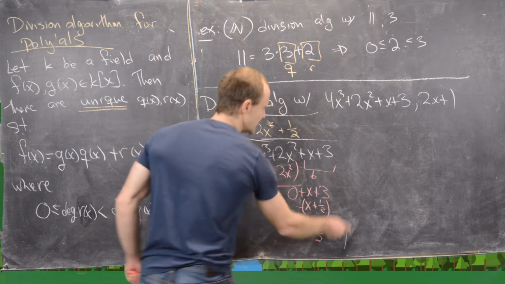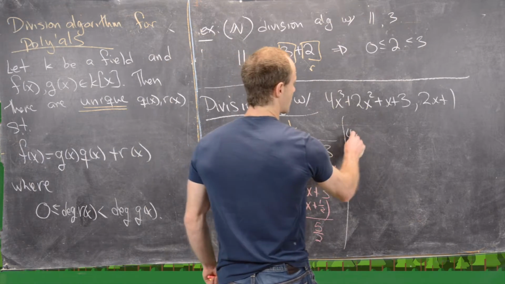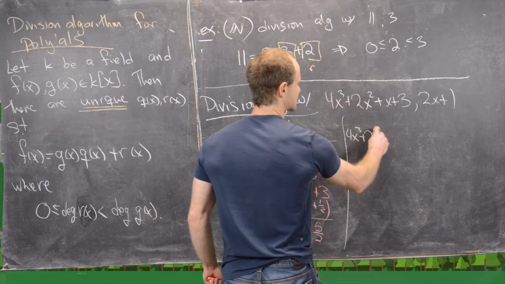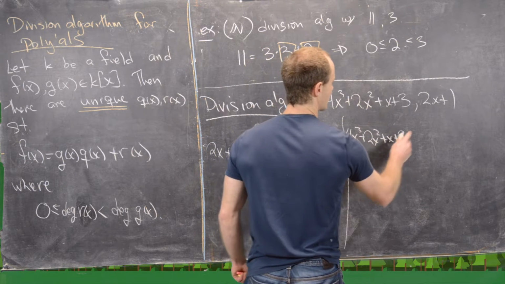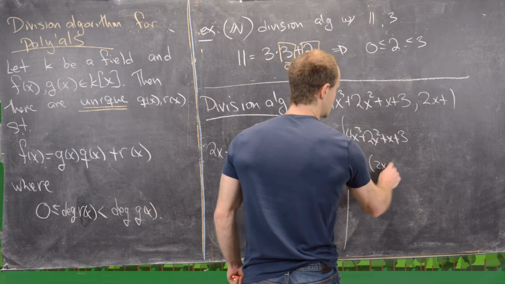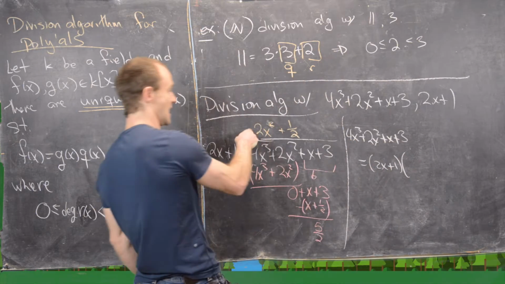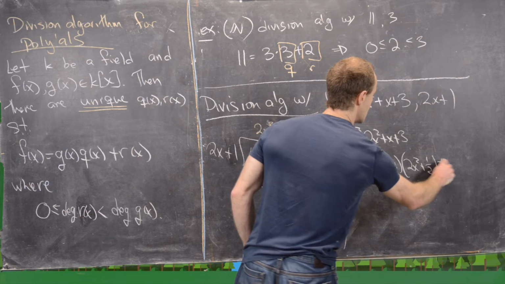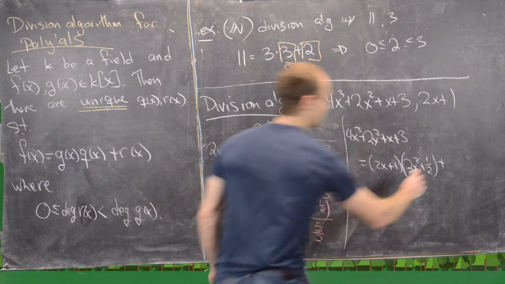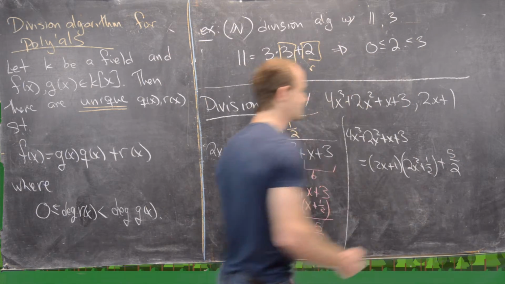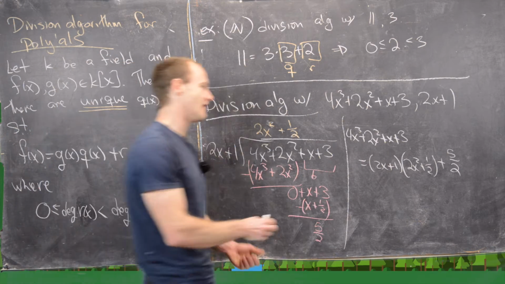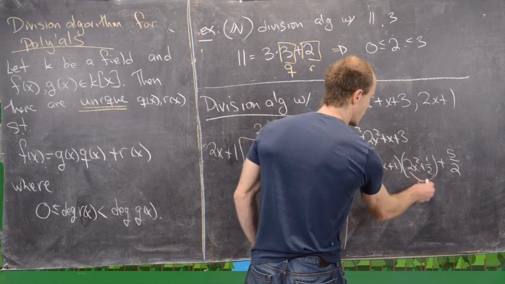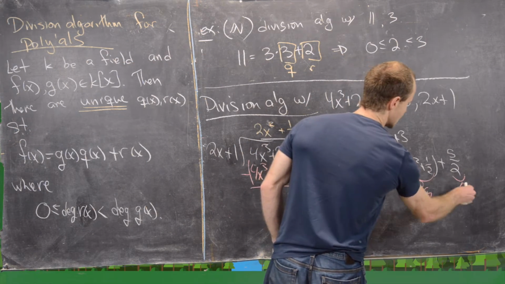So what all of this tells us is that 4x cubed plus 2x squared plus x plus 3 can be written as 2x plus 1 times 2x squared plus 1/2 plus 5 halves. Great. So this is our quotient, and this is our remainder.